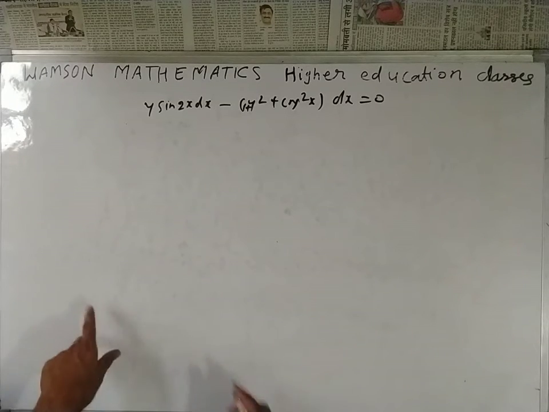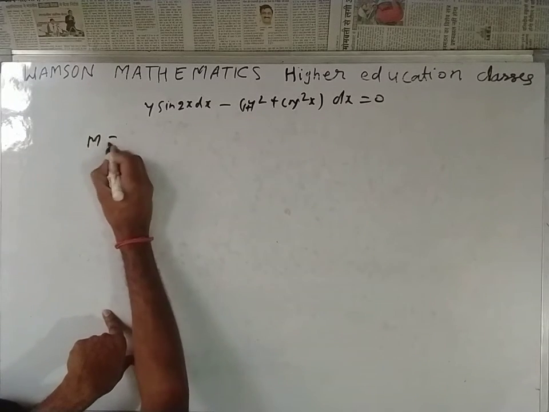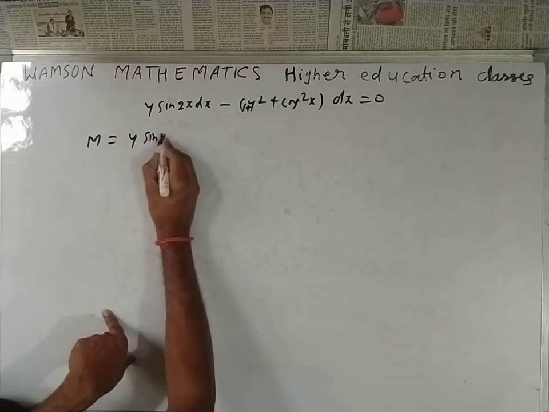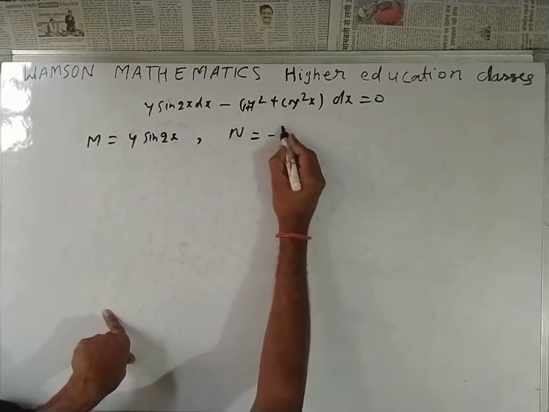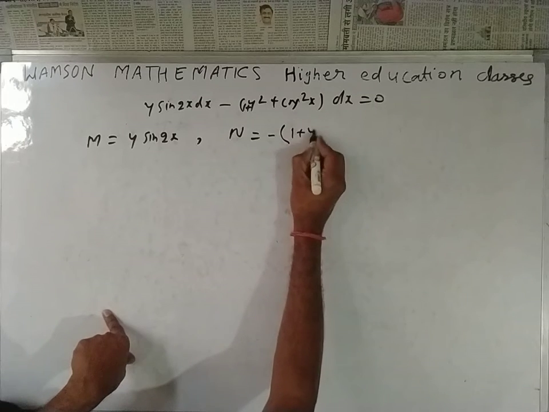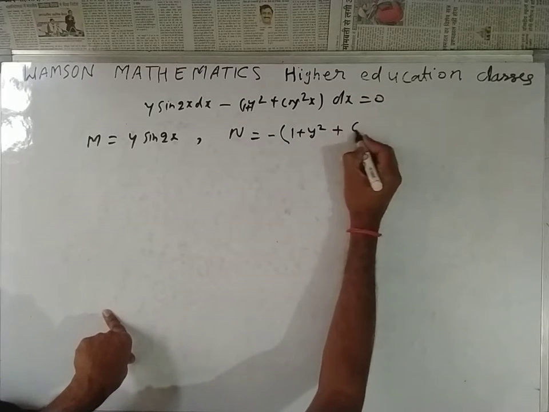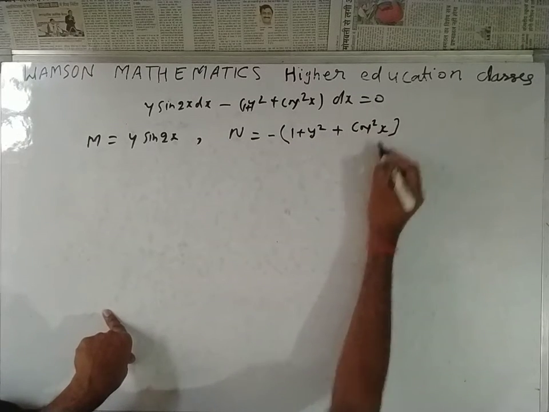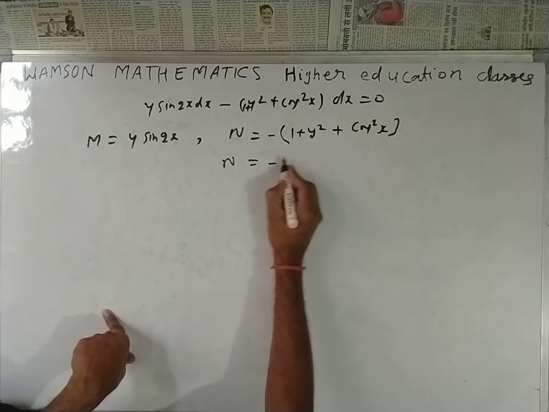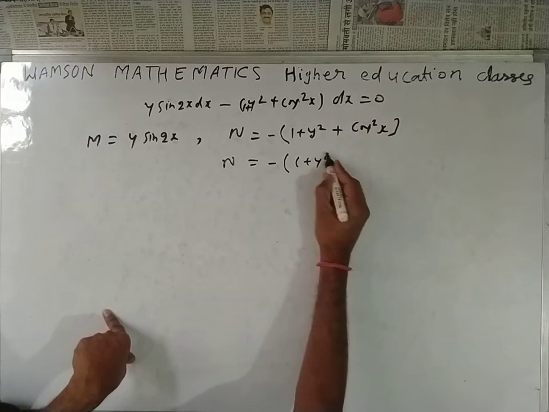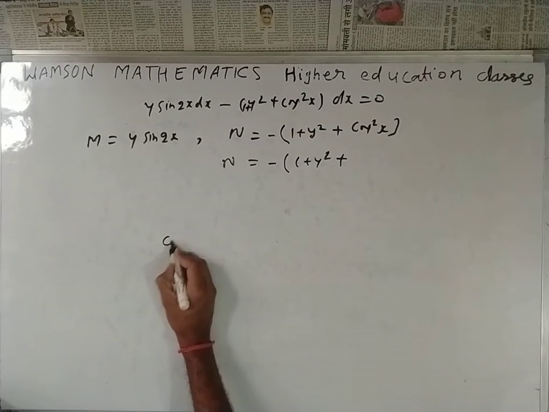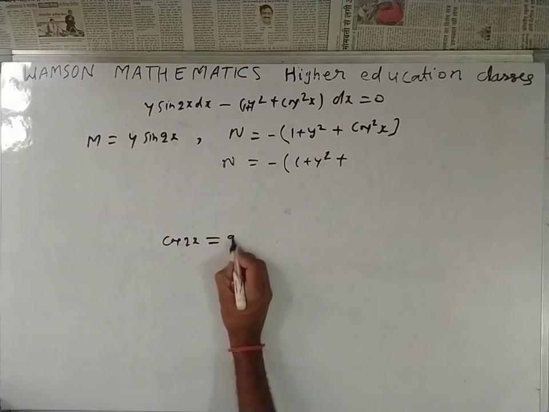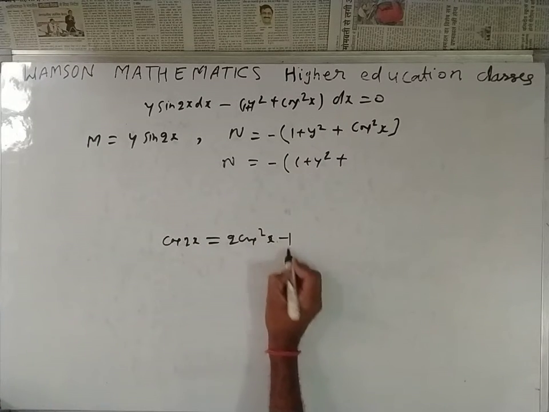By assuming that M is y sin 2x and N is minus (1 plus y squared plus cos squared x). Here N: 1 plus y squared plus cos squared x. Just see, cos 2x is 2 cos squared x minus 1.